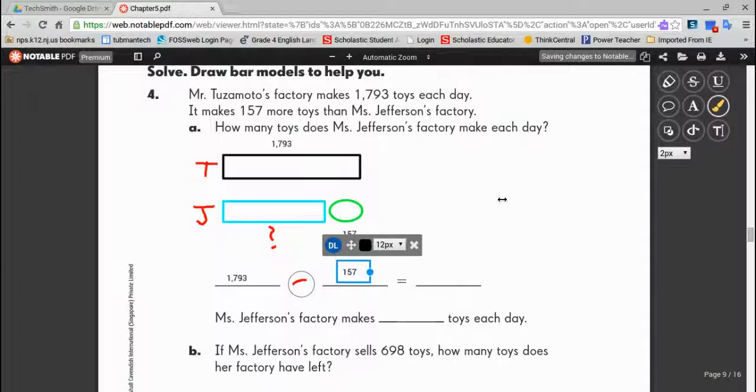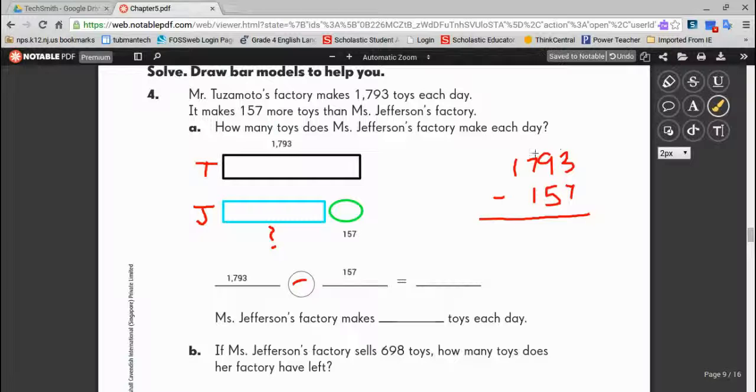Okay, so let's line these two numbers up and down. 1,793 minus, and again, be careful when you line it up and down, 157. Make sure you have the right place value, you have it correctly lined up. 3 minus 7 can't do it because 3 is smaller, so I gotta regroup.